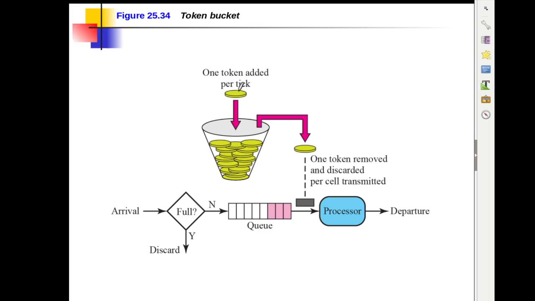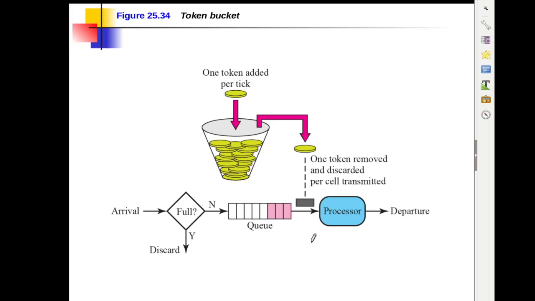So 1 token added per tick, 1 token removed and discarded per cell transmitted, depending on the host. Now the host gets n number of tokens, so it can be used. If they are not used, it will be kept, and sometimes one host can send multiple packets. However, the rate is constant.